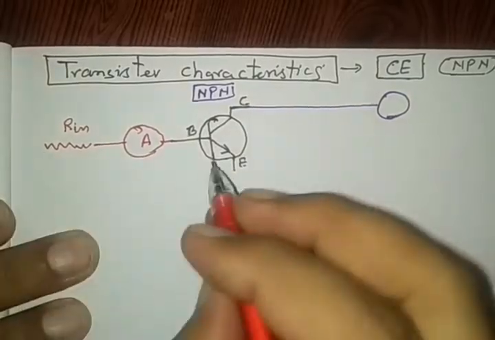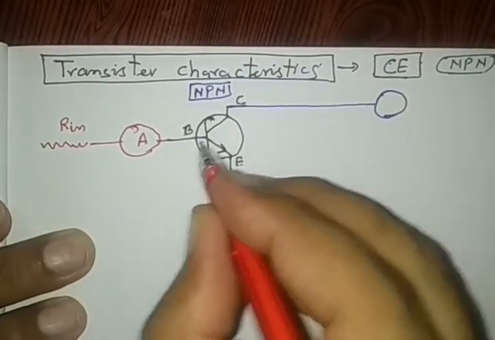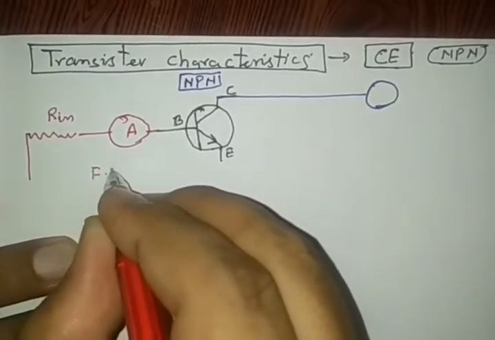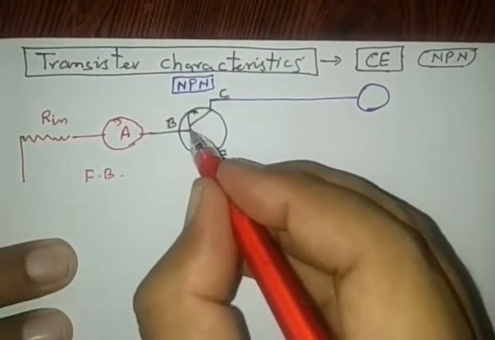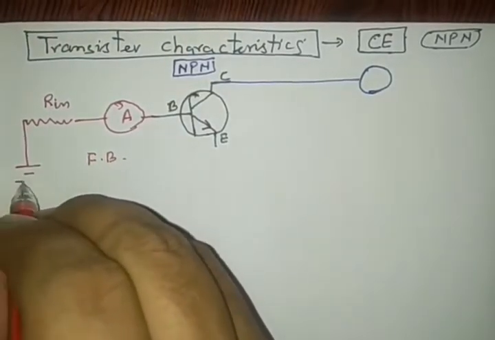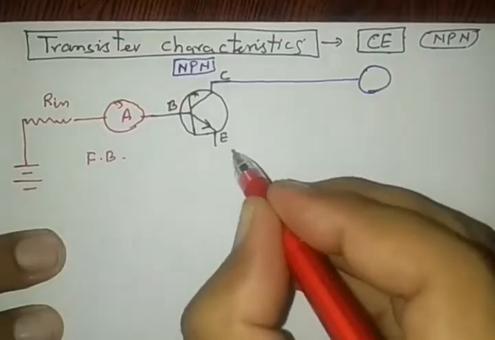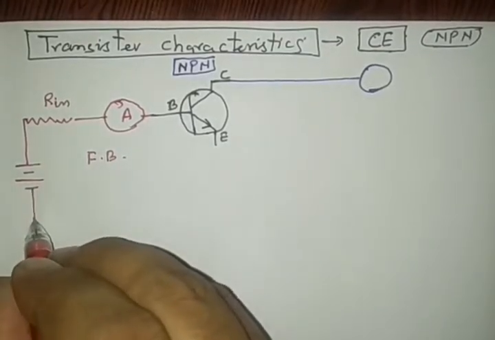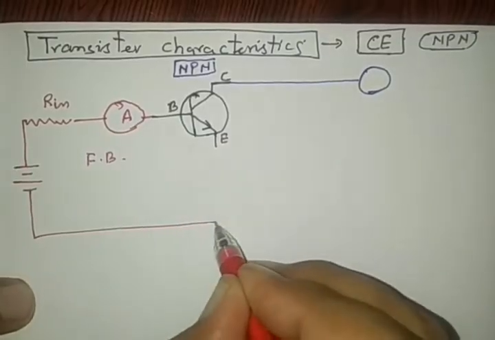See, the input circuit is always kept under forward bias, in which this positive is connected with the positive of the cell, and this is N-type, emitter is N, so it is connected with negative.